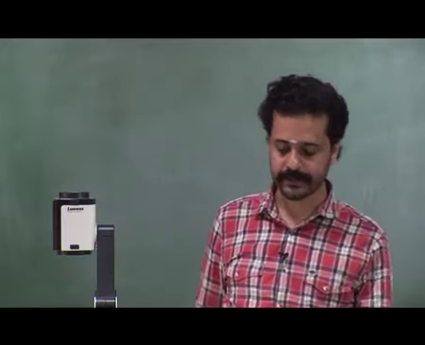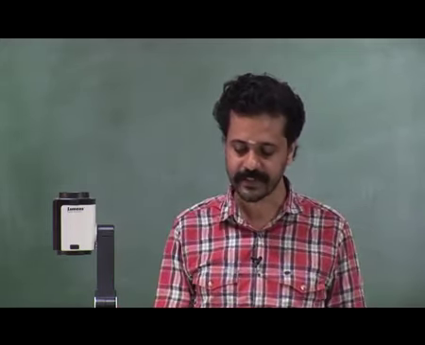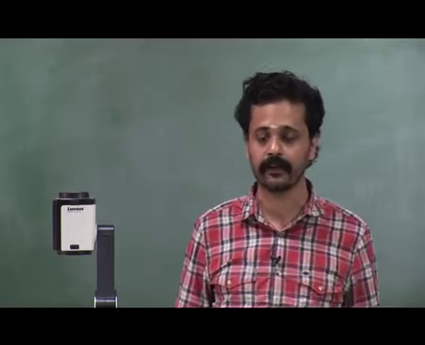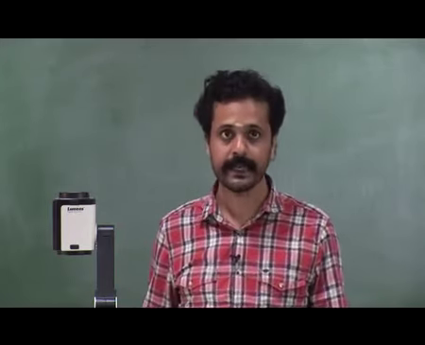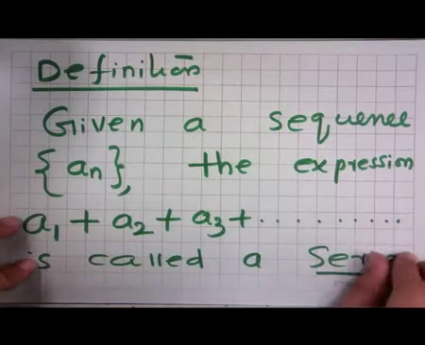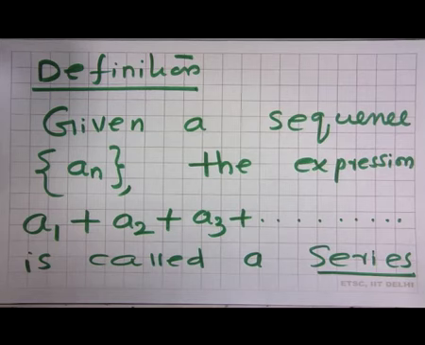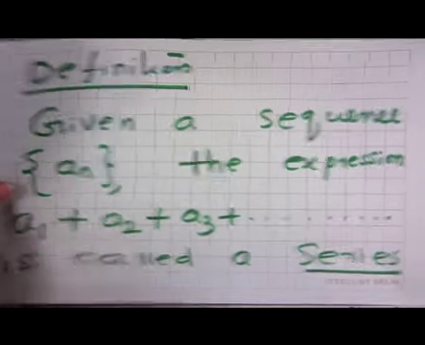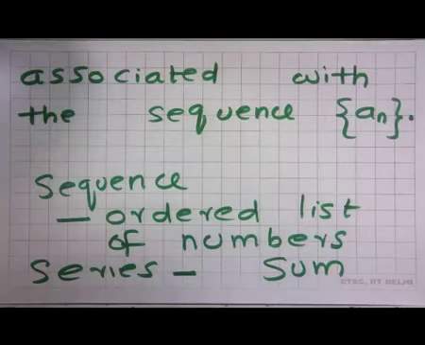To begin with, let us recall a definition we made at the end of the previous lecture, namely the definition of a series. Given a sequence an, consider the expression a1 plus a2 plus a3 plus etc. This expression is what we mean by a series associated with the sequence an.